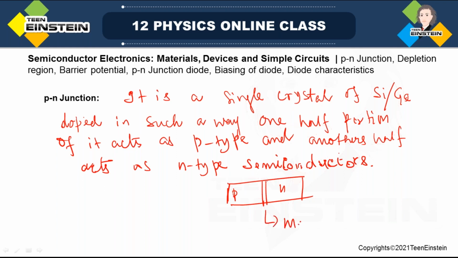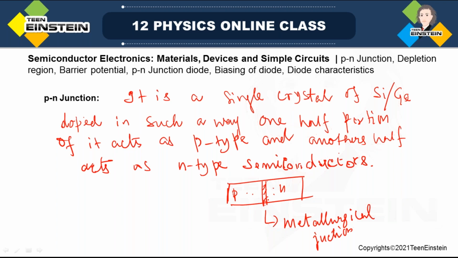At this junction you have a metallurgical junction. That means at the atomic level there will be differences between the p side and the n side, so when a charge carrier crosses from p to n, it will feel some difference at this junction. So that is actually a metallurgical junction.